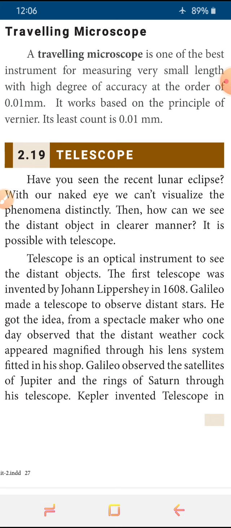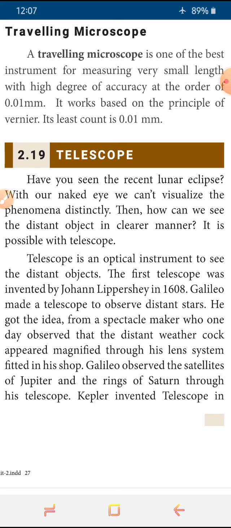Now we'll see the story of the telescope. The first telescope was invented by Johann Lippershey in 1608, in the 16th century, and Galileo made the telescope easier, to see the stars very easily. Galileo got more ideas, and he used it to see a distant weather cock, which appeared magnified, then a lens system was fitted in his shop.